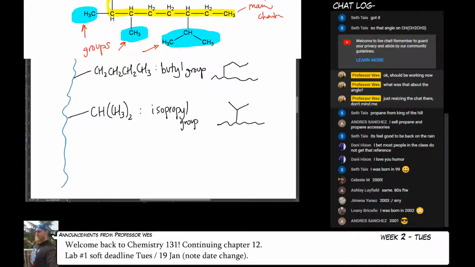Isopropyl basically looks like a Y sticking off of the main chain. Now, there are other groups for butyl too, and I'll include those here as well. So we have CH, CH3.